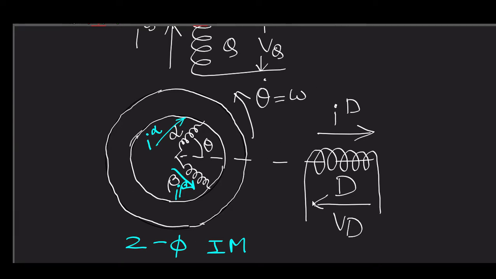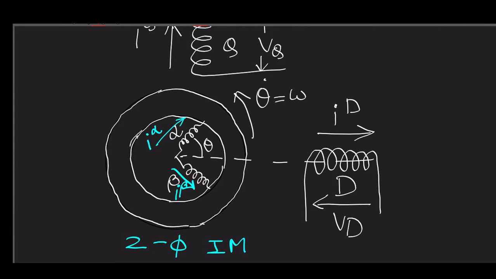Now, can these flux lines interact with this coil? The answer is no. These flux lines are in quadrature with this coil. These flux lines cannot link the coil present in the q axis. Therefore, these coils are independent of each other.